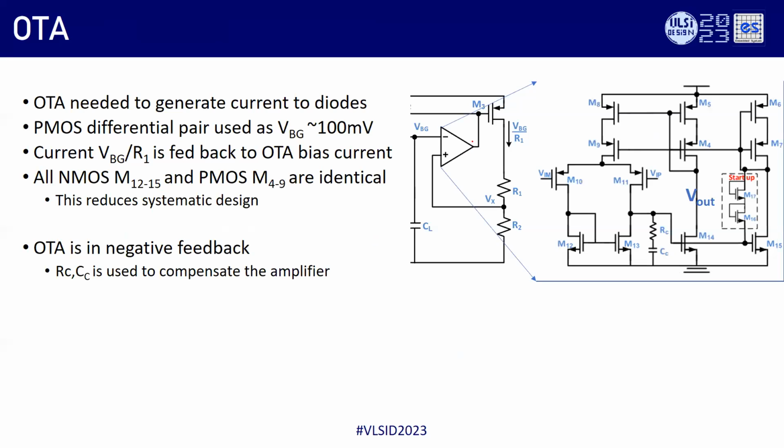Now, since the voltage looking at this point is low, like 100 to 200 millivolts typically, we used a PMOS OTA or op amp with a cell bias. And as Rakesh explained, the cell bias is to minimize the systematic offset by mostly equalizing these two nodes.